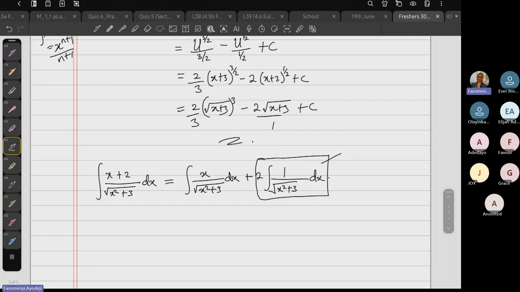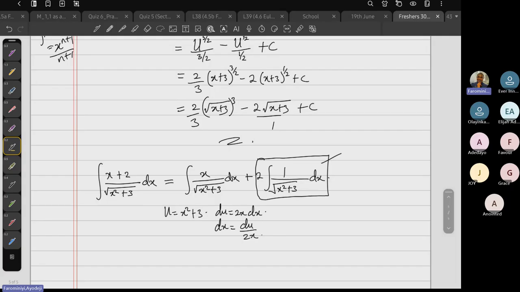But for the one on the right, you can just go ahead and say, well, let u be equal to x squared plus 3. Then du dx will be 2x. Okay? And that means that our dx is equal to du over 2x.